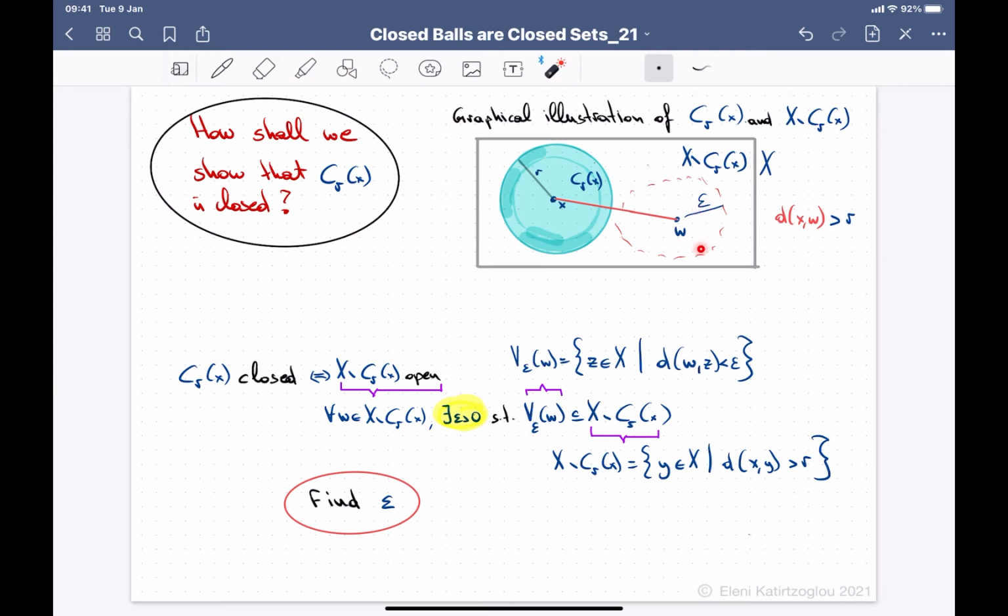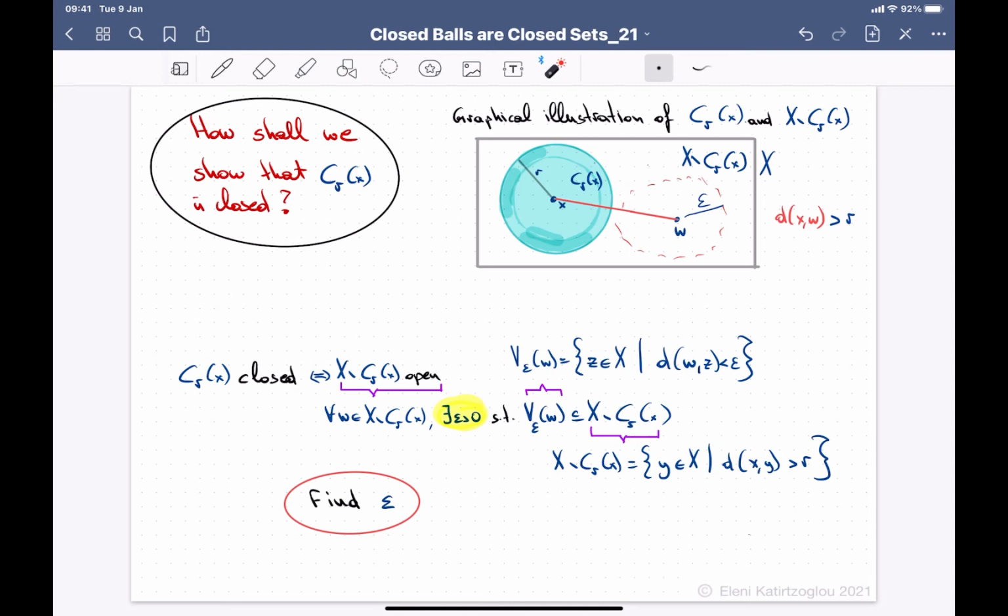And here we can see from our graphical illustration that if we take any W inside the complement of the closed ball, it is actually possible to find an epsilon neighborhood around W that is all included in the complement of the closed ball. But although this is very helpful for our intuition, it is not enough for a proof.